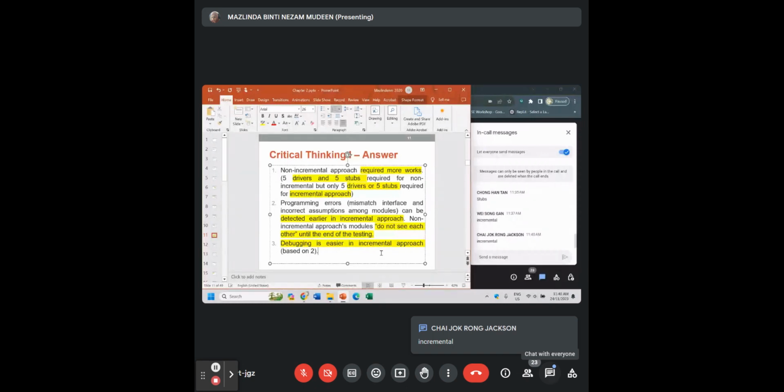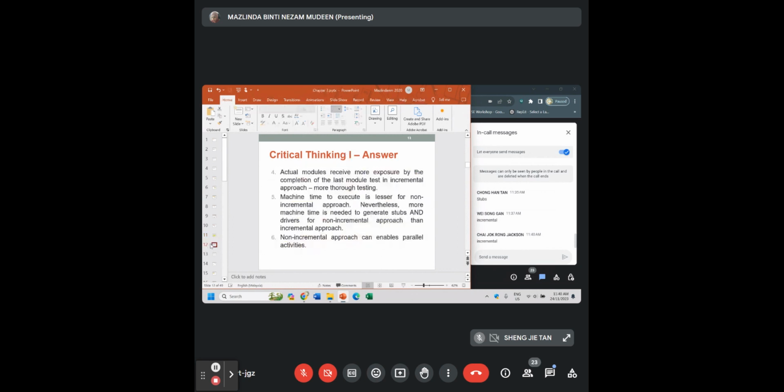Yes, it should be, right? Because we can identify it earlier, we can fix it easier. We might not spend a lot of resources, a lot of time, a lot of money there. So the advantage for points two and three will be incremental. Okay, let's see the next point.